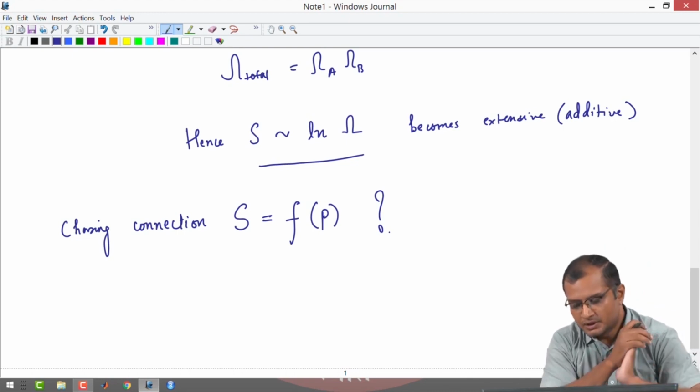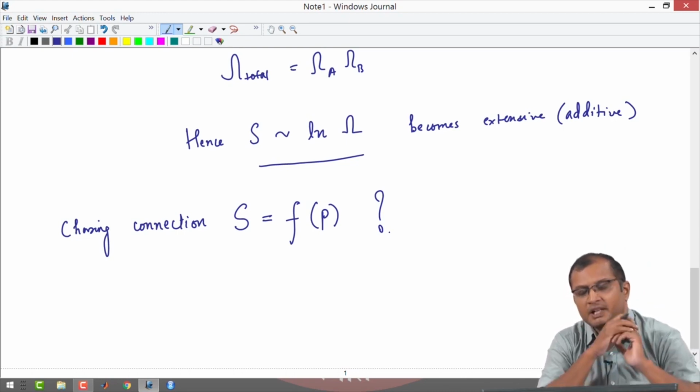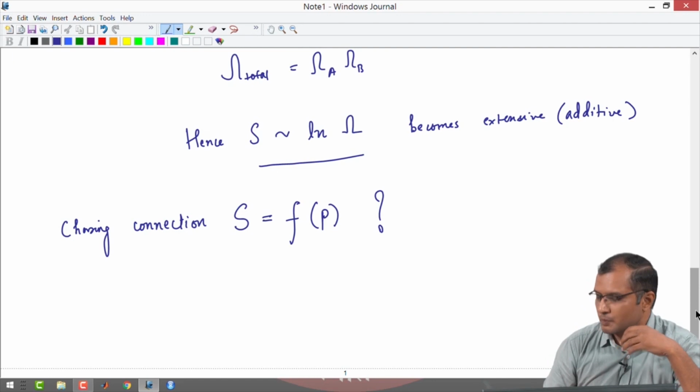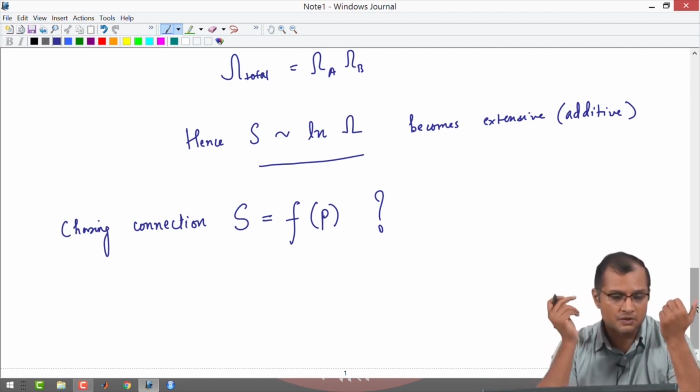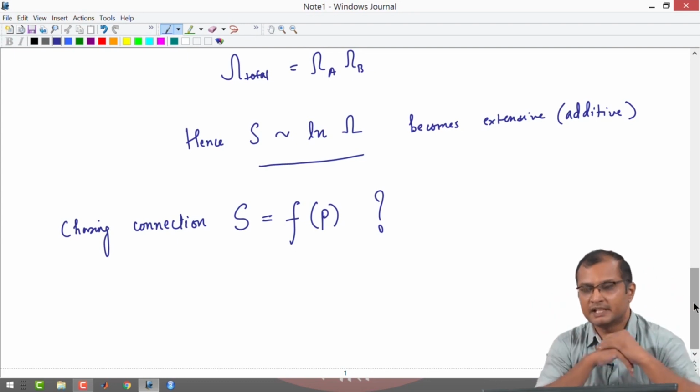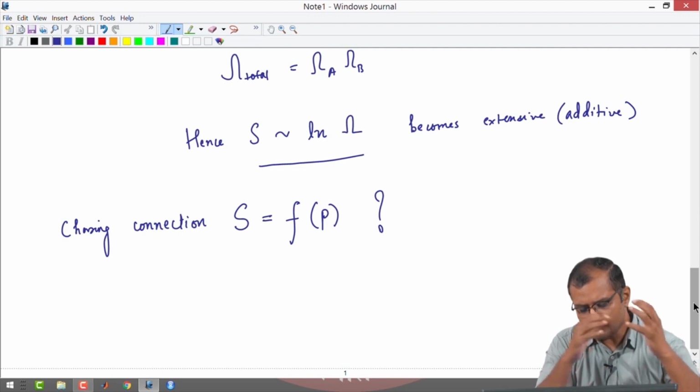Now I am going to develop a connection between probability and entropy. Okay, so I know that entropy is a measure of disorder. So the relationship that I am going to chase between entropy and probability has to respect that physical meaning of entropy.